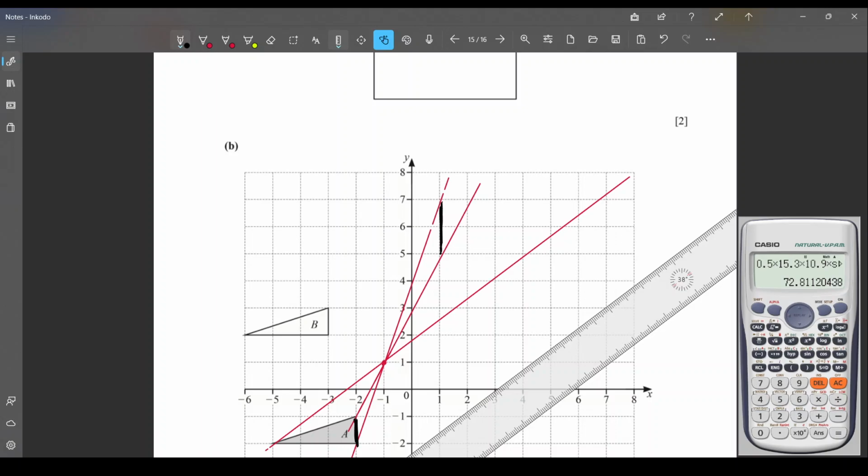Because this is 3, I should get 6. So 1, 2, 3, 4, 5, 6, I'm getting here, and this will be this line. All three lines should touch. You might have noticed this is exactly opposite to this one, and all three sides are enlarged by a scale factor of 2.